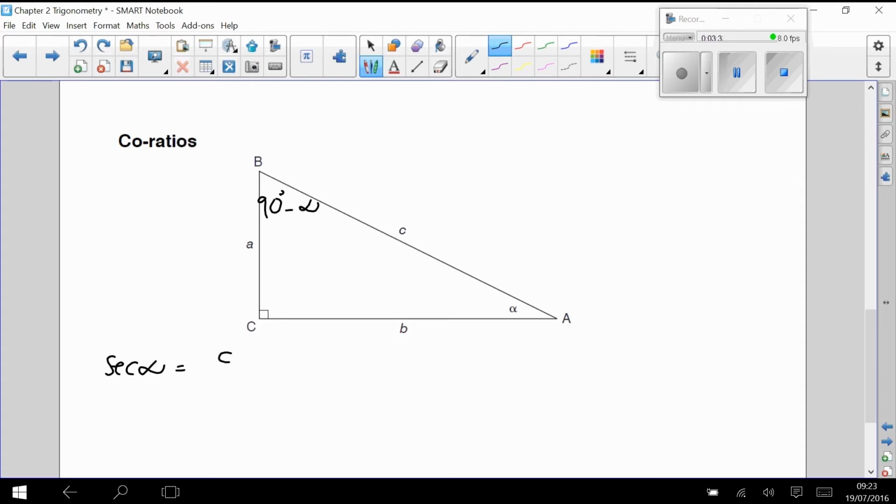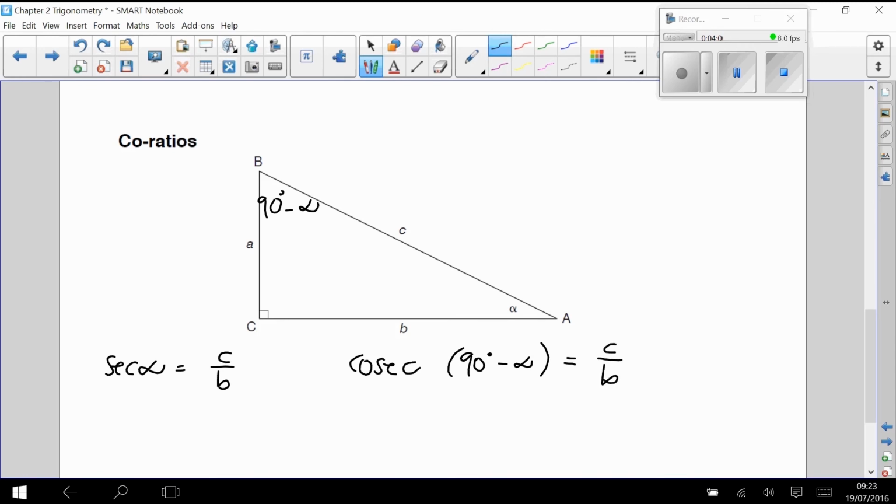So I write that as C all over B. Cosec of angle B, which is 90 degrees minus alpha, must be the reciprocal of sine of 90 degrees minus alpha, as the sine of 90 degrees minus alpha uses the opposite over the hypotenuse. For cosec, I must use the hypotenuse all over the opposite.